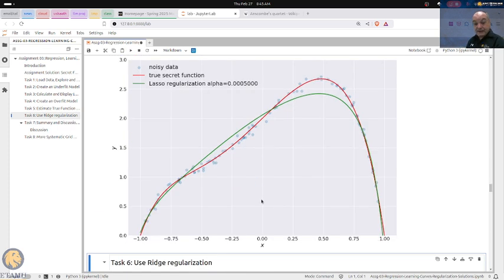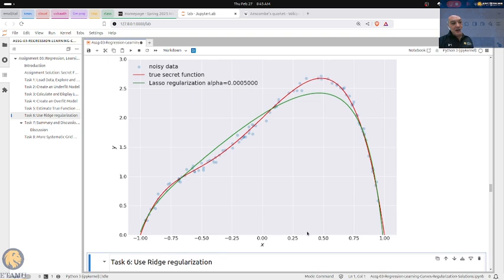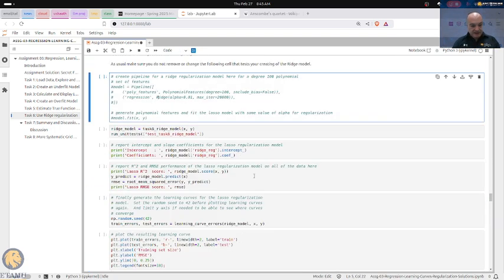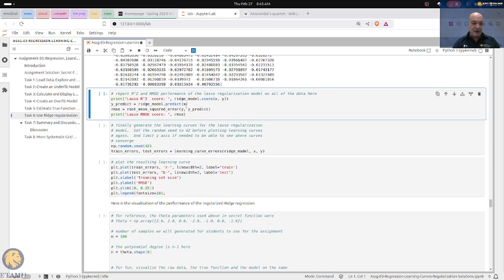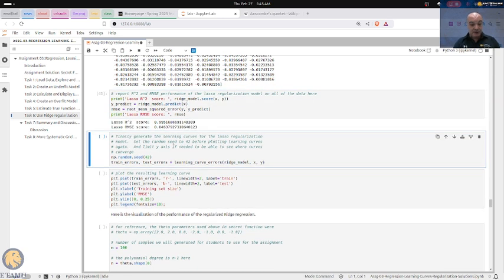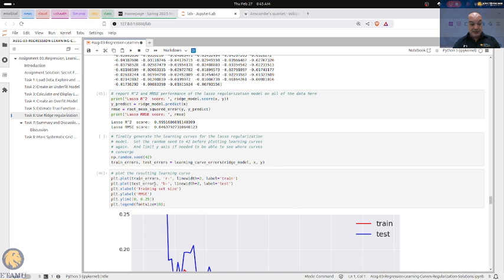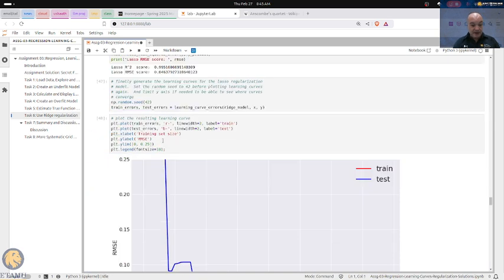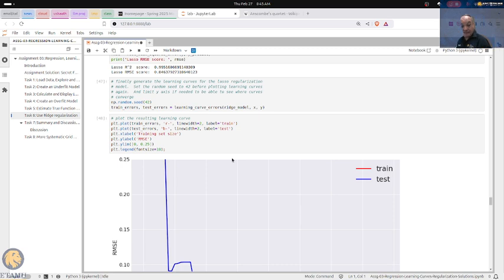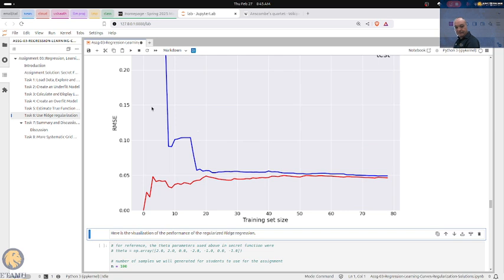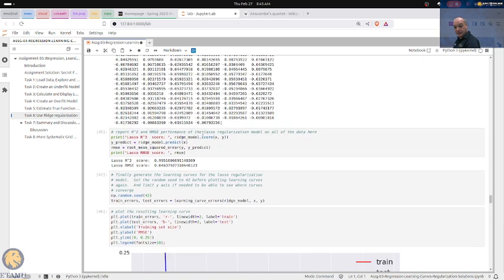And again, we can look at what it does with the lasso, with the actual true secret function if we want to. For me, in this problem, even though the ridge doesn't push things down to 0, you can get much better results. I was usually getting much better results. It was easier to find an alpha on this one. So in fact, like this one that I have set right now for the ridge.